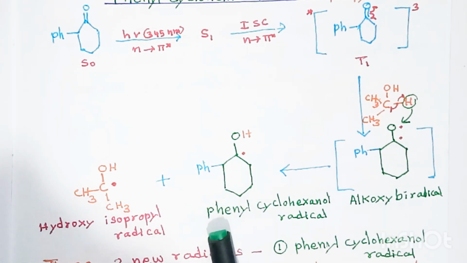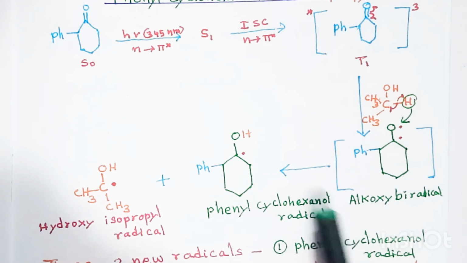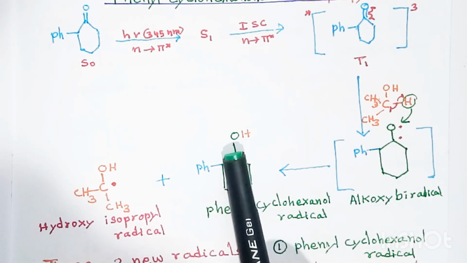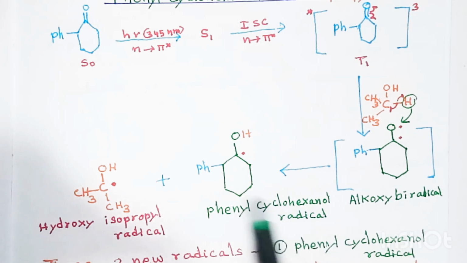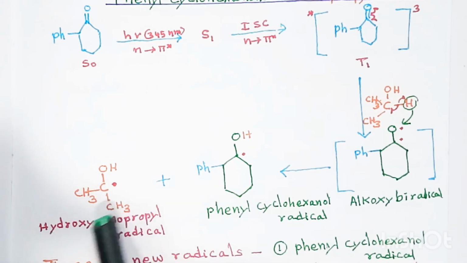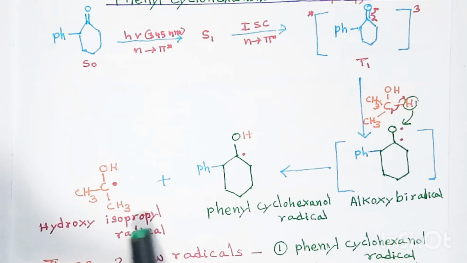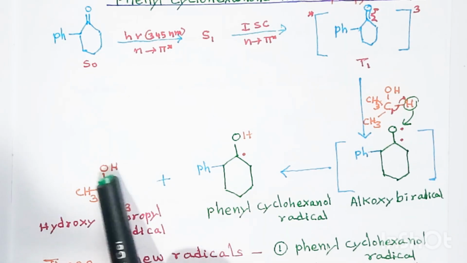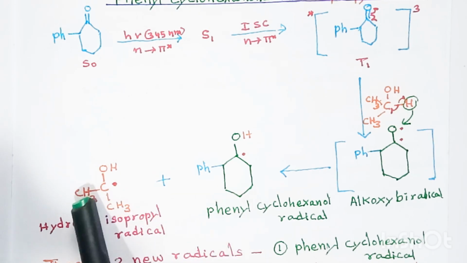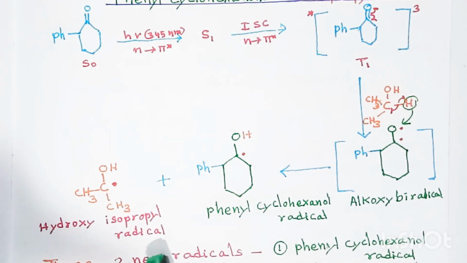One is phenyl cyclohexanol radical. Another is hydroxy isopropyl radical. This is the hydroxy group. So it is called hydroxy isopropyl radical.